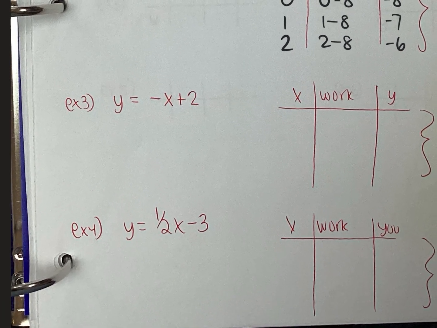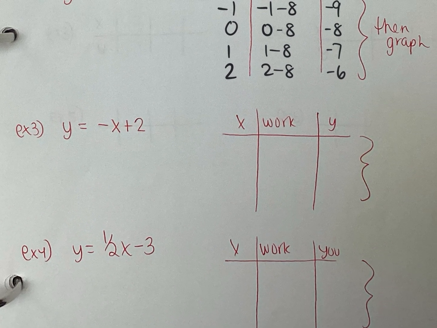All right, example 3. Stick in your negative 1, 0, 1, and 2. Pause the video. See if you get the same y's that I get. All right, before I show you the answers, as I was working this out, I thought, ooh, this is a really tricky one.